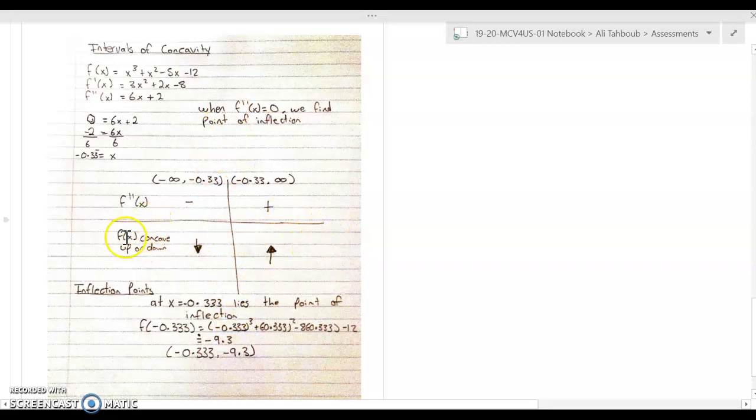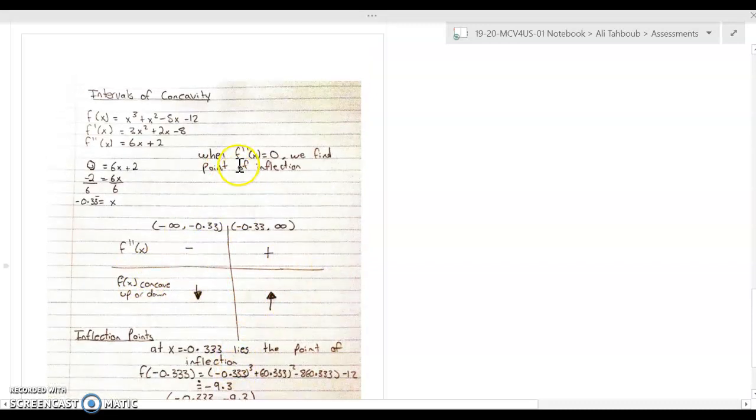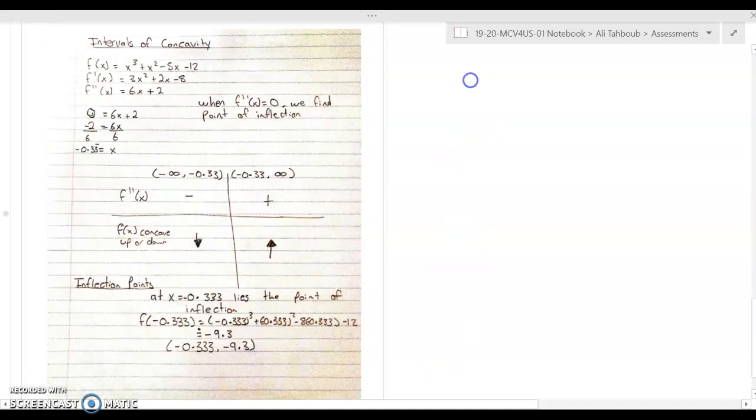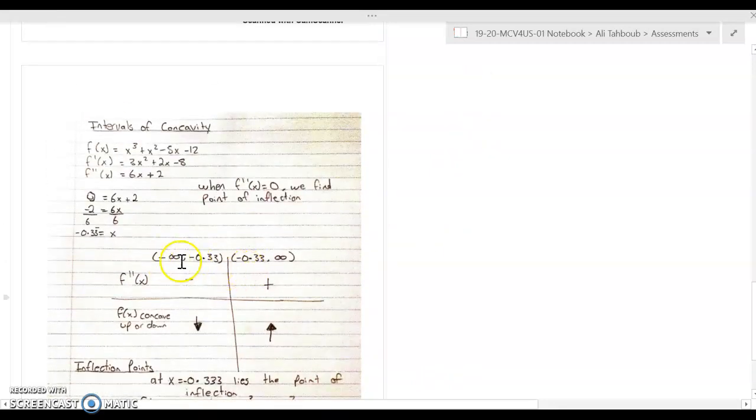So after that, I did another interval table to find where f of x is concave up or down, and I used the same thing as we did in the first graph over here, except I plugged in my interval numbers into the second derivative, not into the first derivative. And then if I got a negative number, I put a negative, and if I got a positive number, I put a positive. And a negative number on the second derivative basically represents a concave down interval on the original function, and then a positive number on the second derivative will represent a concave up interval on the original graph.